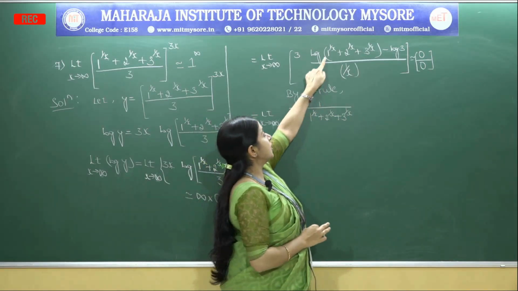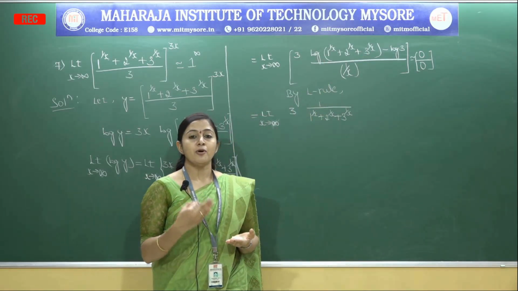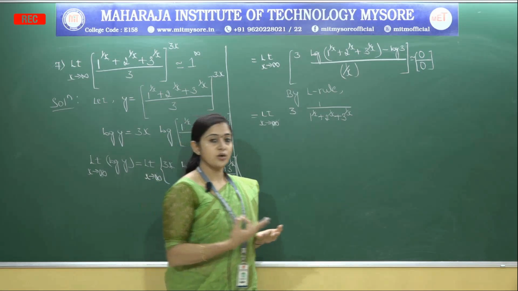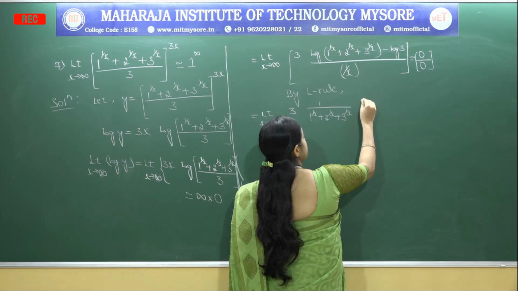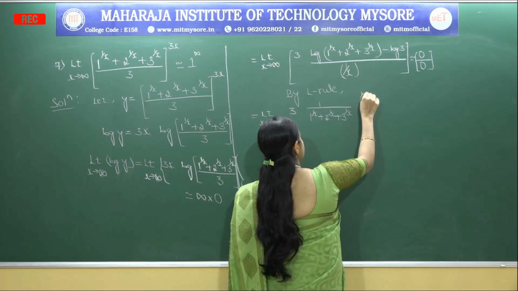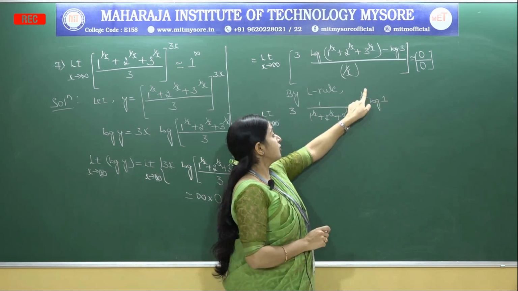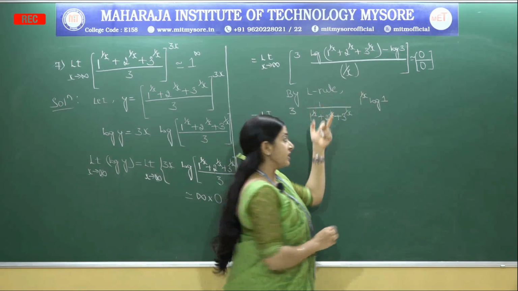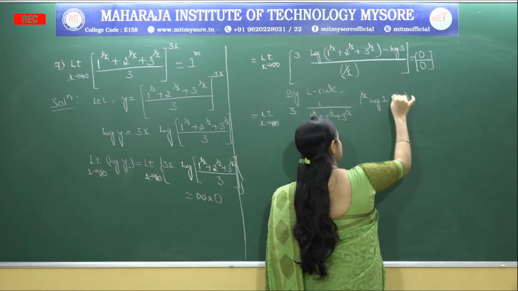Next, differentiate 1 power 1 by x. It's the same as the previous problem: a power x differentiation is a power x log a. The same case, differentiate 1 power 1 by x, so 1 power 1 by x into log 1. Then you have to differentiate this 1 by x again, and 1 by x differentiation is minus 1 by x square.